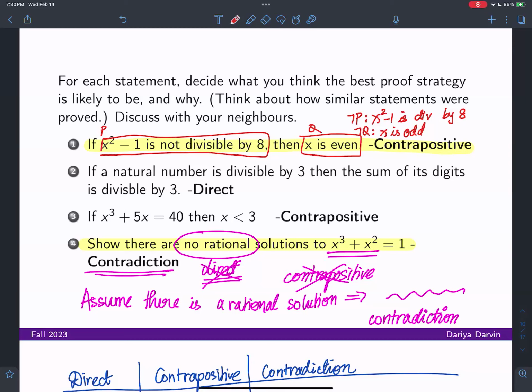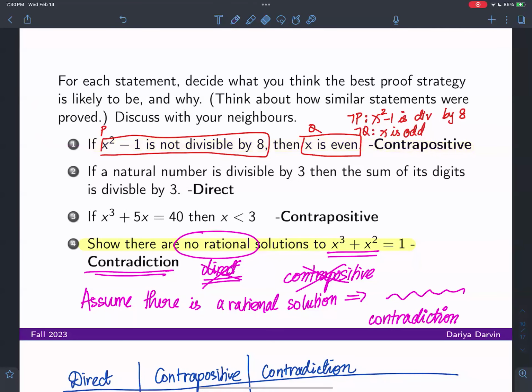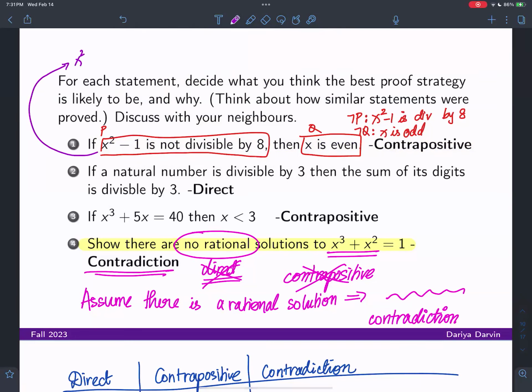Now if you take a look, comparing P and not P, how do you write that x squared minus 1 is not divisible by 8? That's a bit tricky to write mathematically. That means x squared minus 1 is not equal to 8k, where k is an integer.